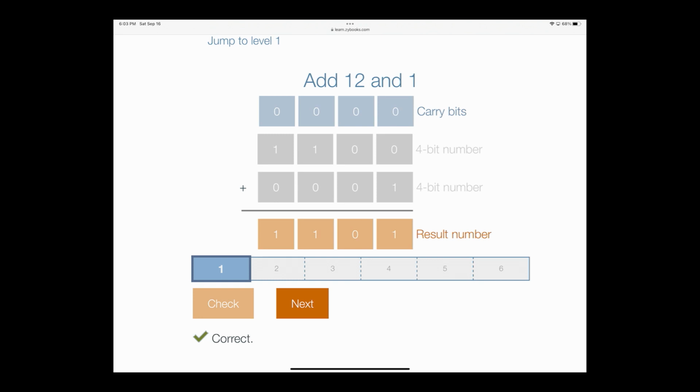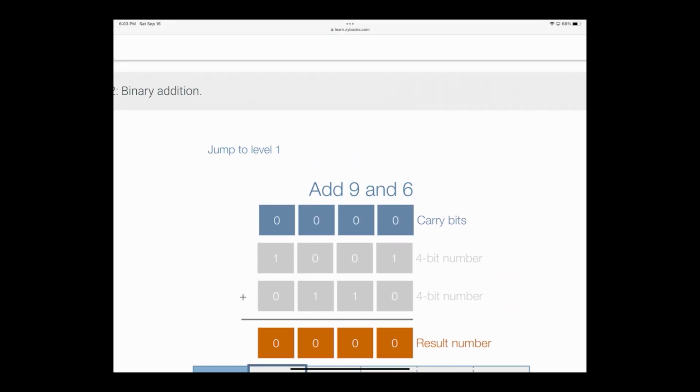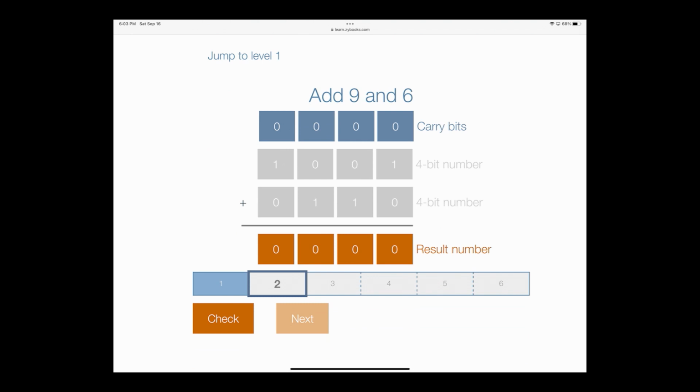Now they are going to get harder as we go because we're going to have to carry, but we'll see it when it happens. Same thing as last time. First column, we got 0 plus 1 plus 0, which is 1. On the next column, we got 0 plus 0 plus 1 is 1.